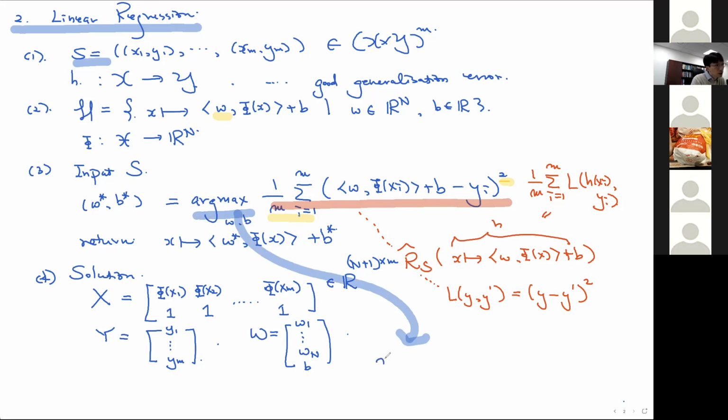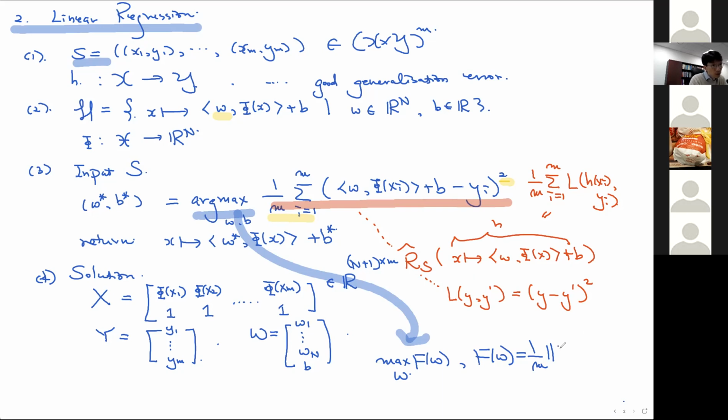The objective can be, I will just write it as objective instead of argmax, max over all W, where we are maximizing f of W. What I mean by f is the following: 1 over m, and then we are subtracting two vectors and taking the L2 norm.